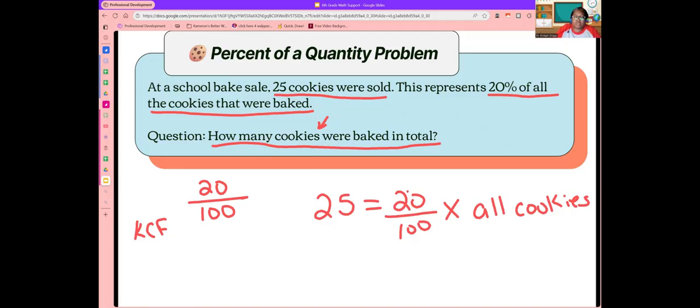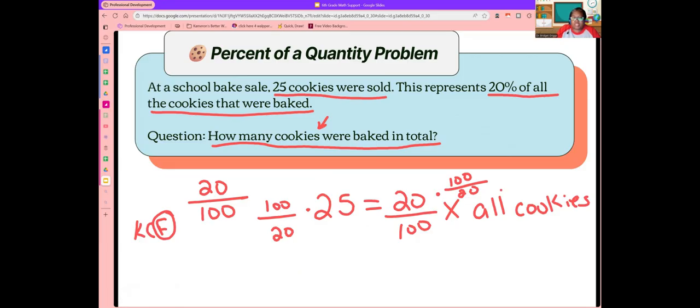In this case, because we know we need to divide both sides by 20 over 100, the flip is going to make this become 100 over 20. So that means on this side, we will multiply by 100 over 20. And this is an equation, so that means on this side, we also need to multiply by 100 over 20.